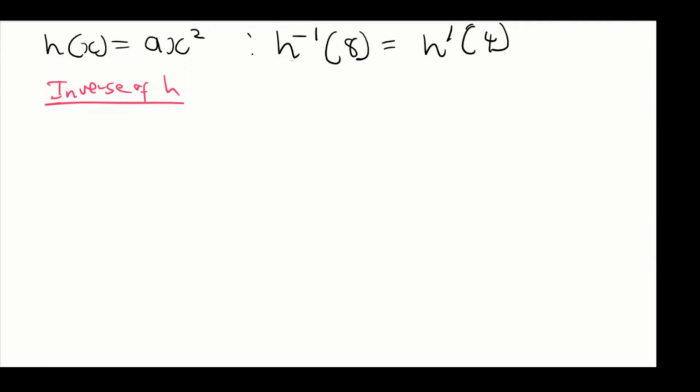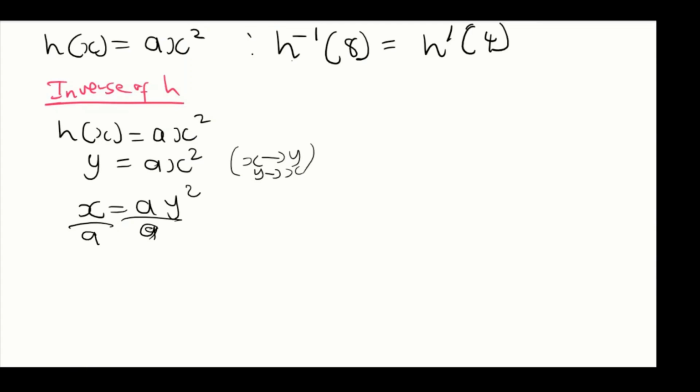So the inverse, you swap, x becomes y and y becomes x. So you're going to say x equals to ay squared, divide with the a. We have y squared is equals to x over a. Put the square root. Your y is equals to the root of x over a.